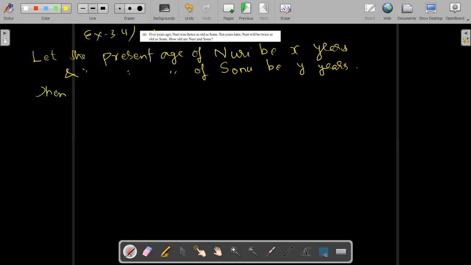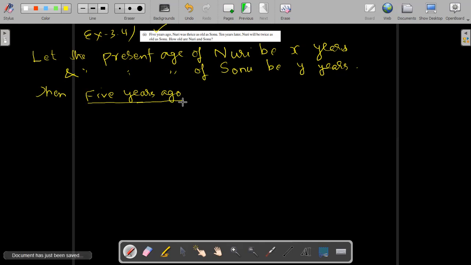Then first condition: 5 years ago. First we have to write their ages 5 years ago. 5 years ago means 5 years before.